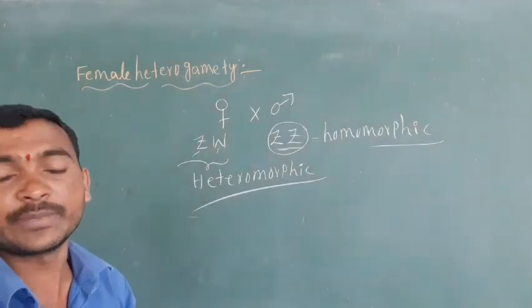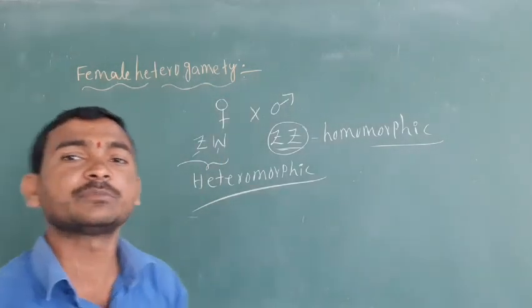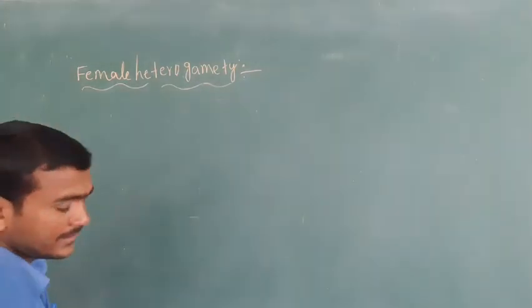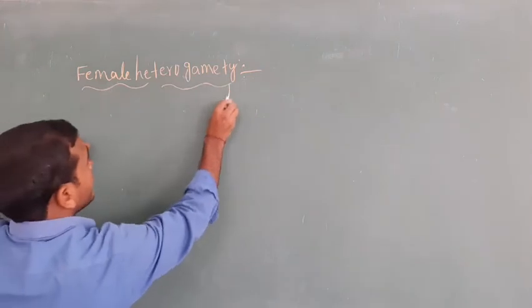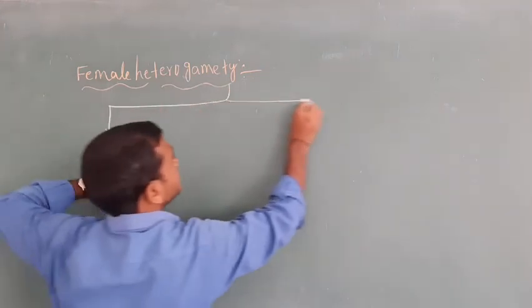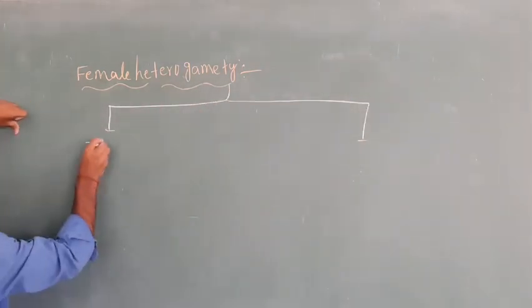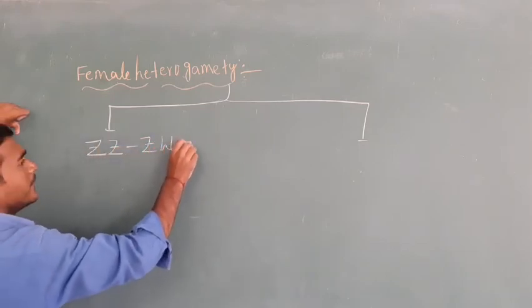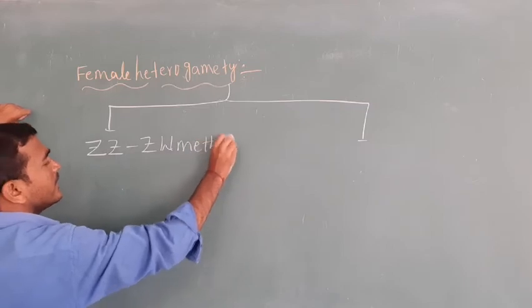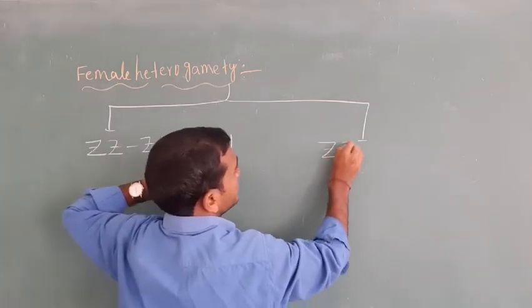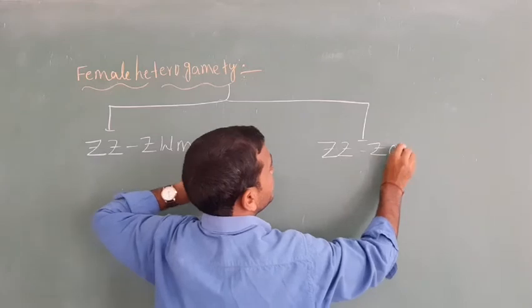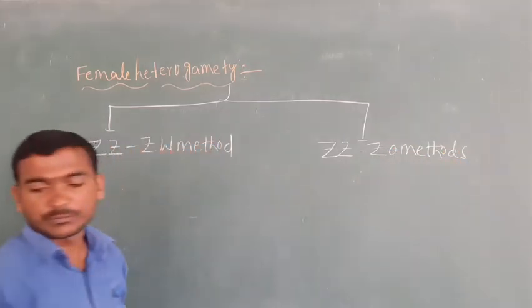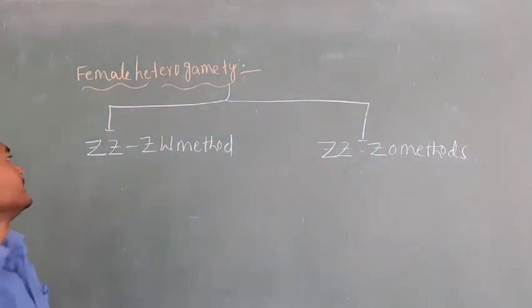In female heteromorphic, again we divide into two types of methods. One is the ZZ, ZW method. The other one is the ZZ, Z0 method. So we discuss two types of methods.